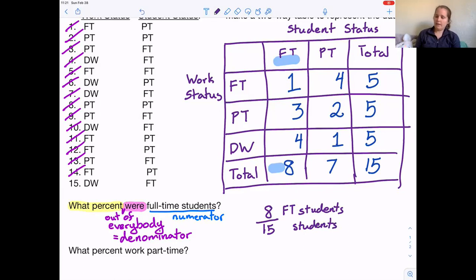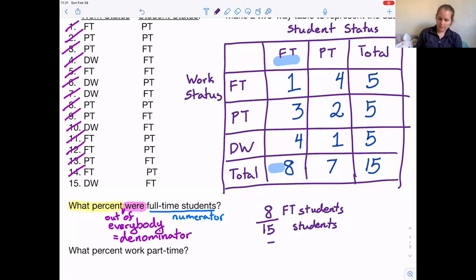So we are looking at 8 divided by 15, which is about 0.53. Then we convert to percent by multiplying by 100%, and we get about 53%.